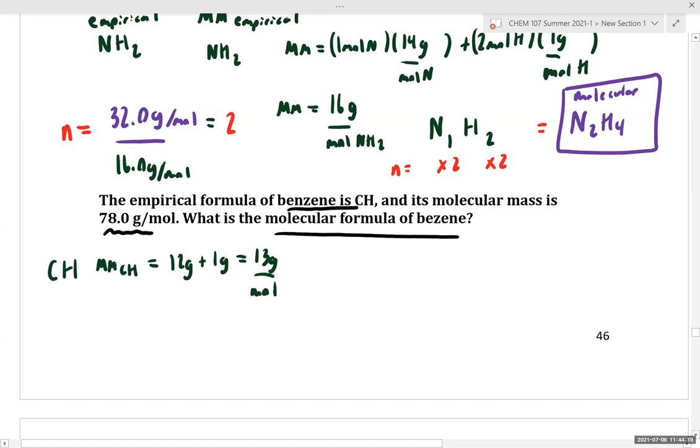Okay, so now that we have that information in hand, would anyone like to try and propose how many empirical formula units do we have? What is the value of N for benzene?